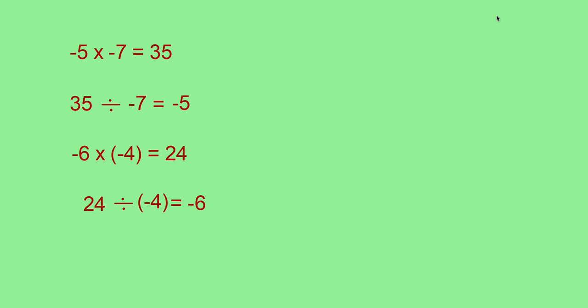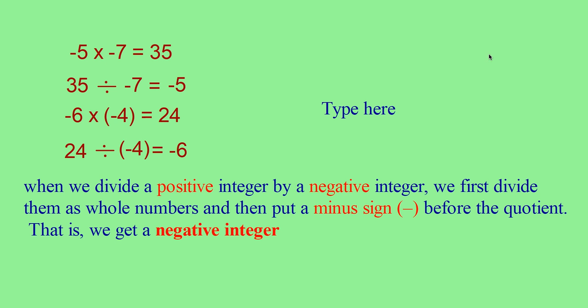So we can write, when we divide a positive integer by a negative integer, we first divide them as whole numbers and then put a minus sign. Thus, we get a negative integer. That means a positive integer divided by a negative integer, we get the sign of the quotient as negative.